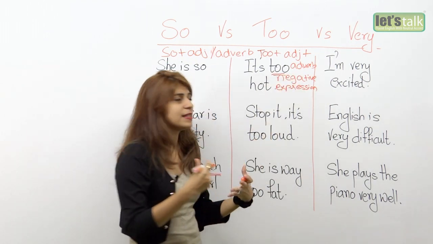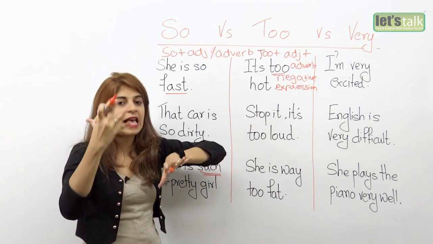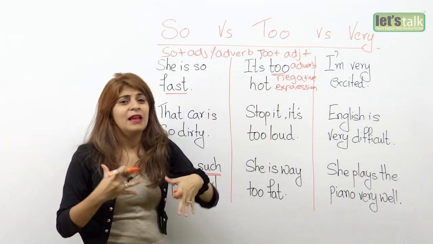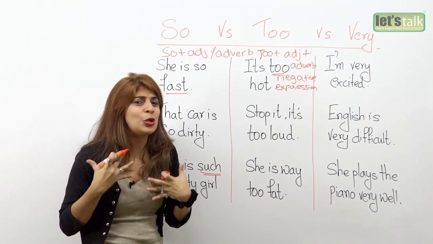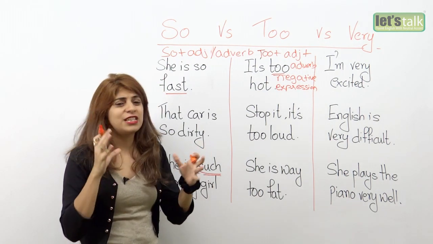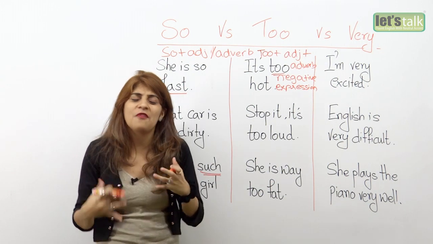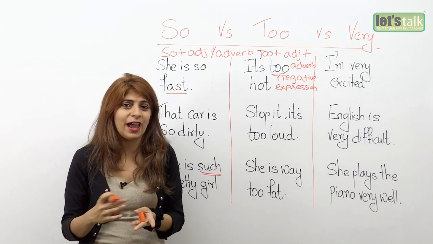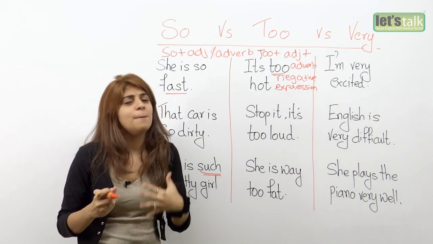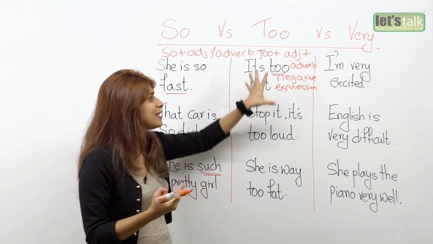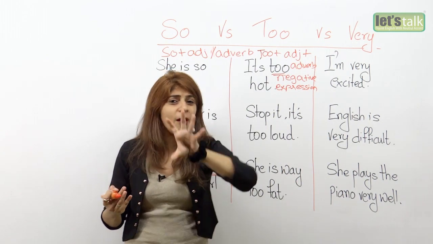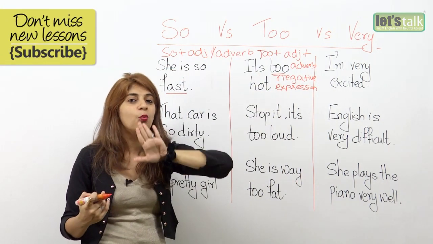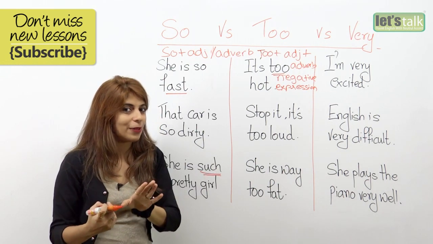Well, of course, it is an intensifier to the adjective hot, but then apparently it's too hot, which gives you an idea that I'm very uncomfortable because it's too hot. I'm not feeling good because it's too hot. So it's a problematic situation here, and that's when you end up using the word too, okay?